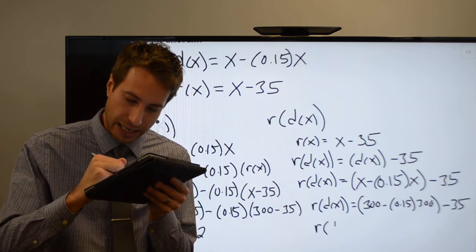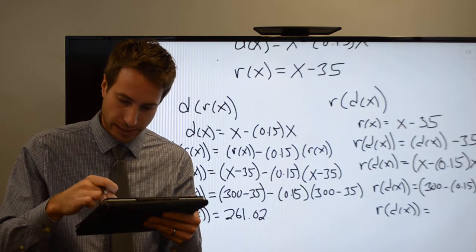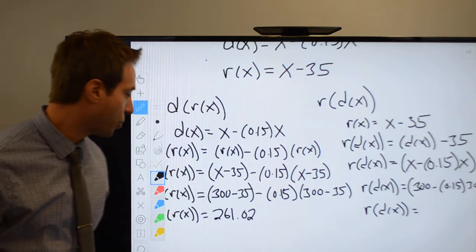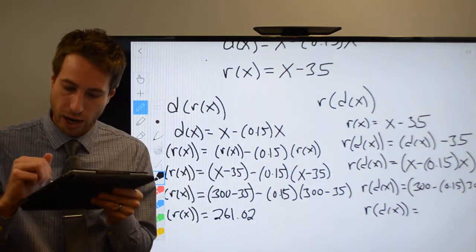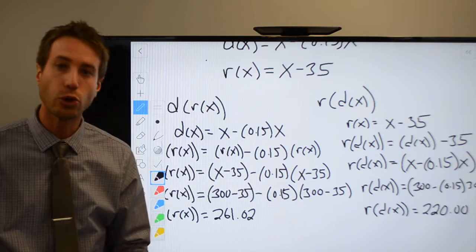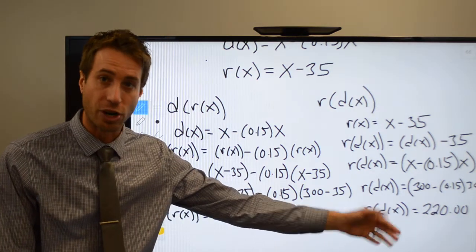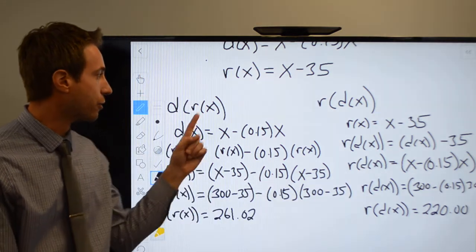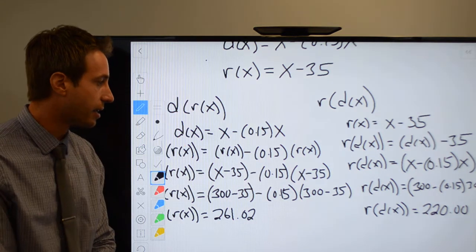Again, plug that into your calculator. Slide it over so we can see both prices here. If you put that into your calculator, don't fat finger something, the discount first, then the rebate, you get $220. Obviously, this is way cheaper. You take the discount and then get the rebate, versus getting the rebate and then applying the discount.